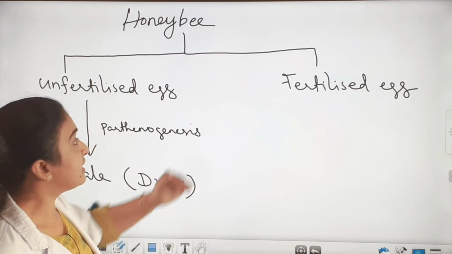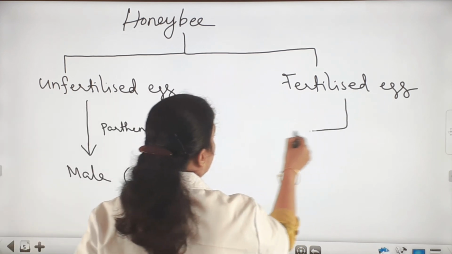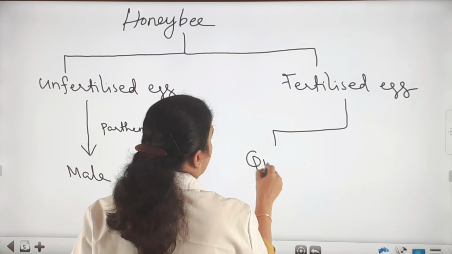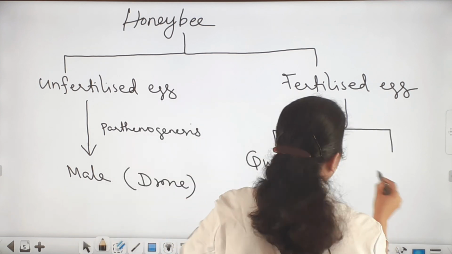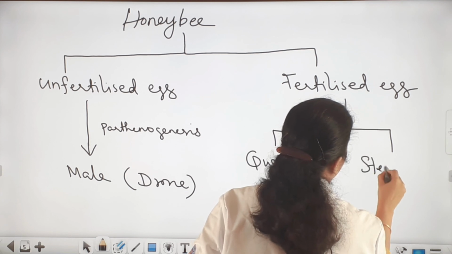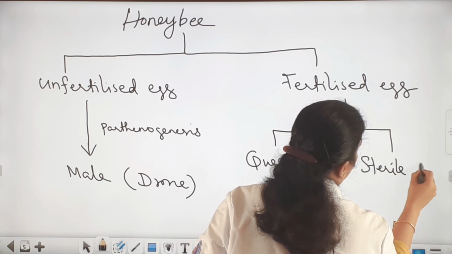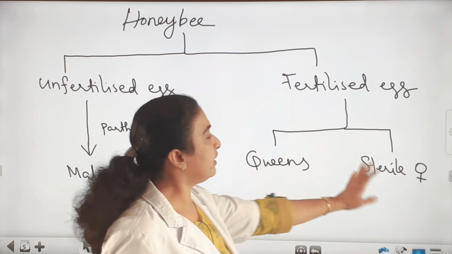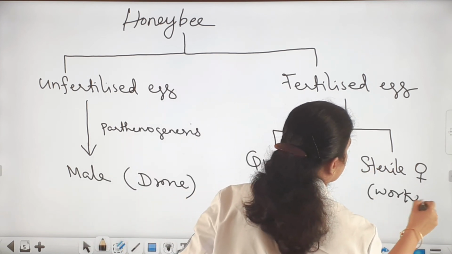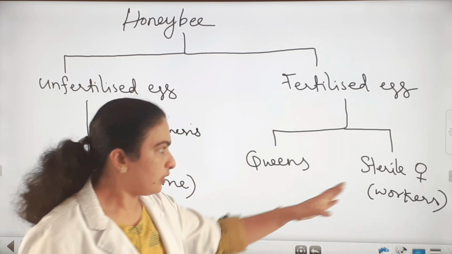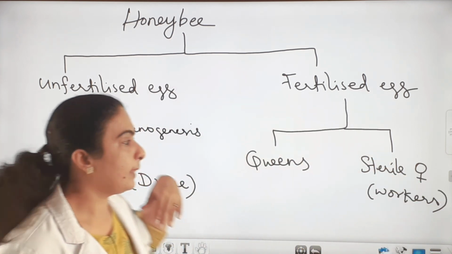Okay. Now the fertilized eggs are forming two types of bees. First is queens, and second one is sterile females. The sterile females are acting as workers. They are not capable of fertilization.